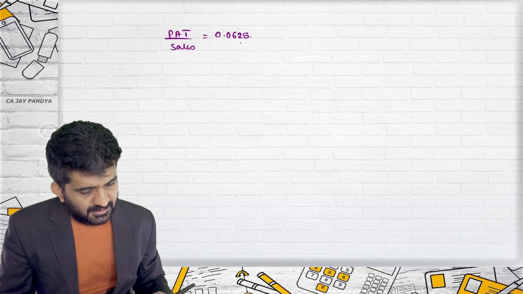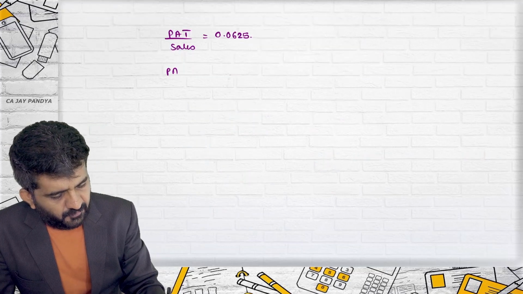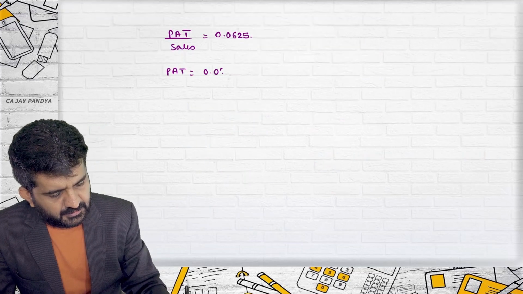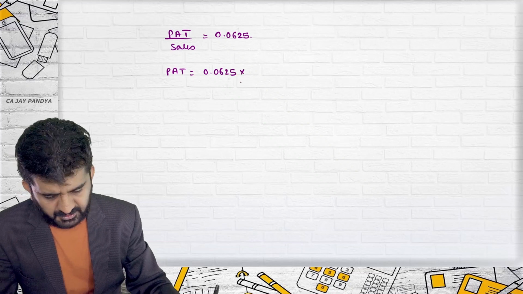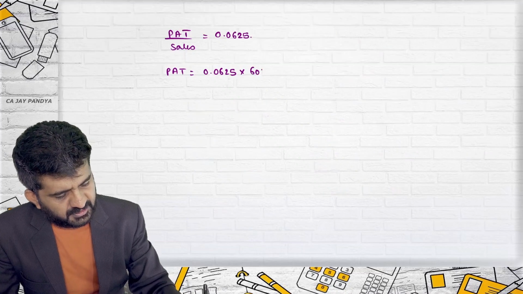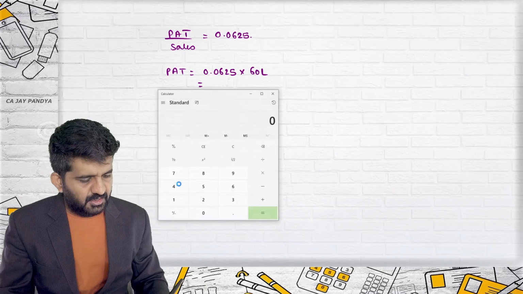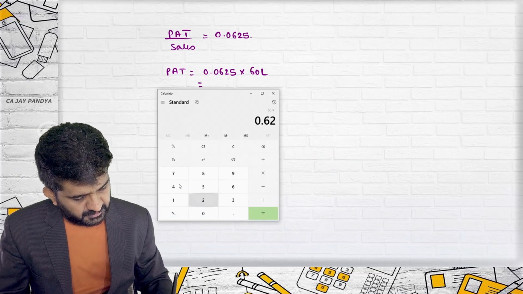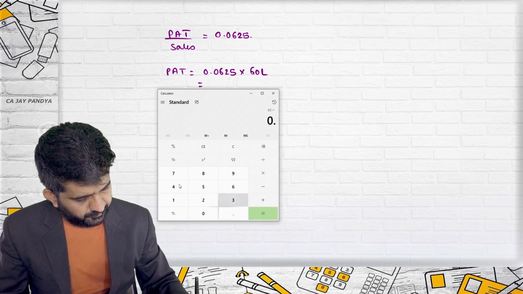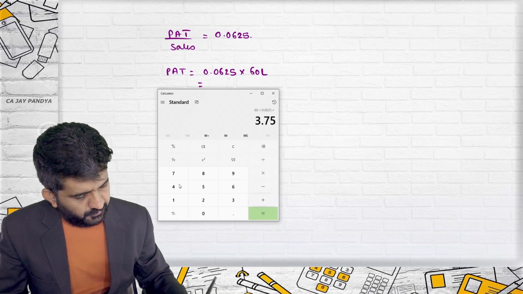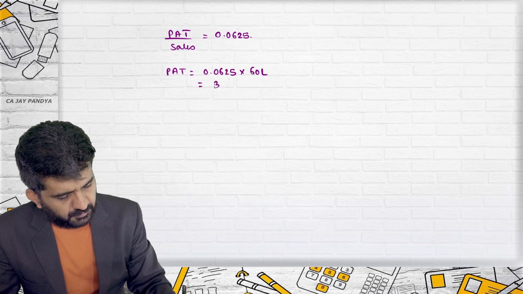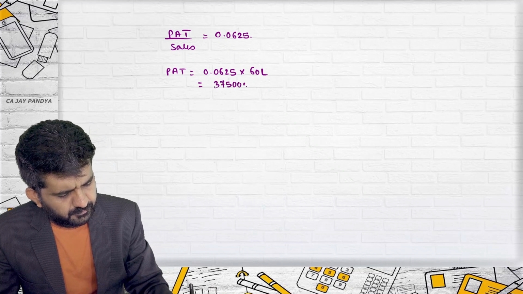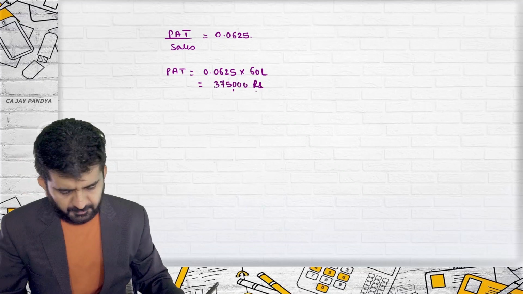What is sales? 60 lakhs. So profit after tax is 6.25% into 60 lakhs. Answer will be 60 into 0.0625, which is 3,75,000. This will be profit after tax.